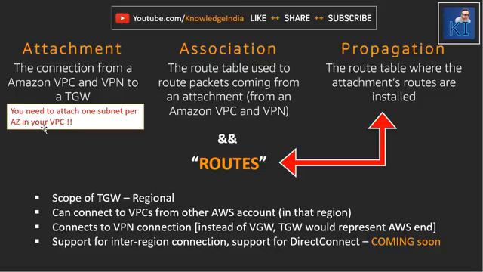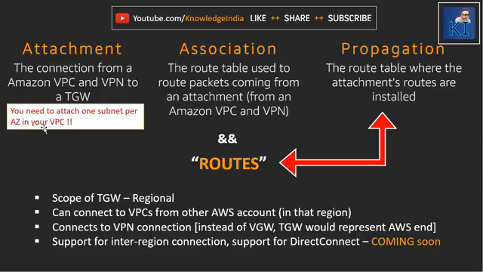Of course, following the principles of high availability. So when we create attachment, at that time we need to choose one subnet per availability zone in your VPC. Please remember that. I will show it to you in the demo as well.